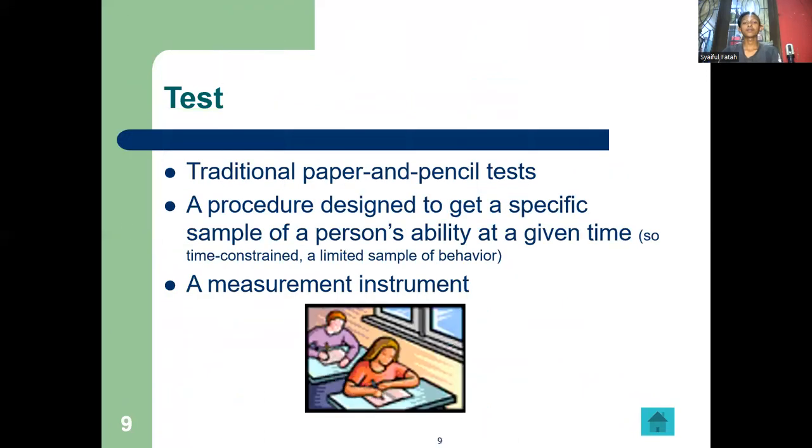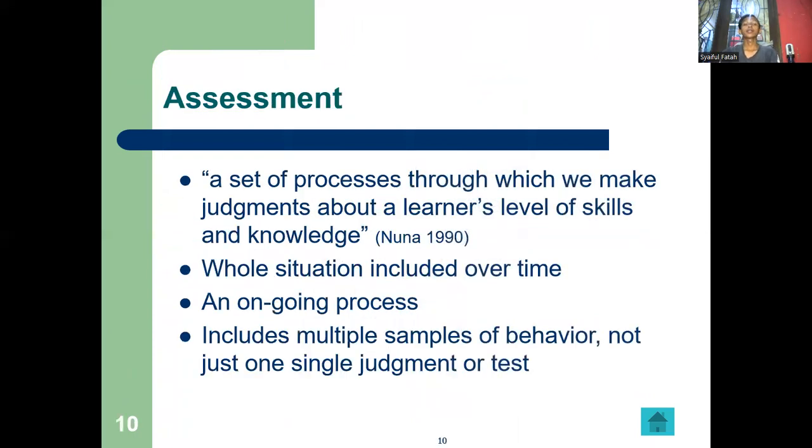Test: traditional paper and pencil test. A product designed to get a specific sample of a person's ability at a given time. So the time constraint limits the sample of behavior. Measurement, investment. The next, assessment.